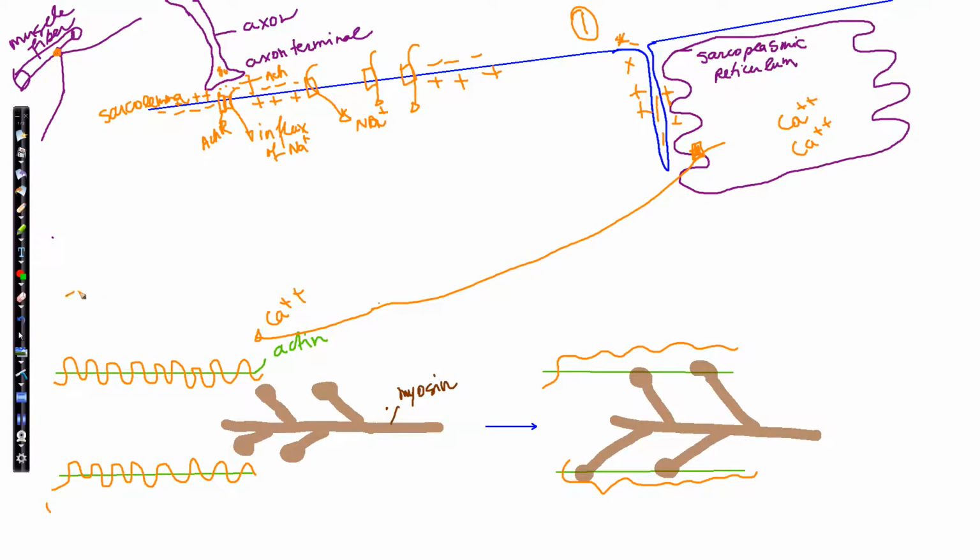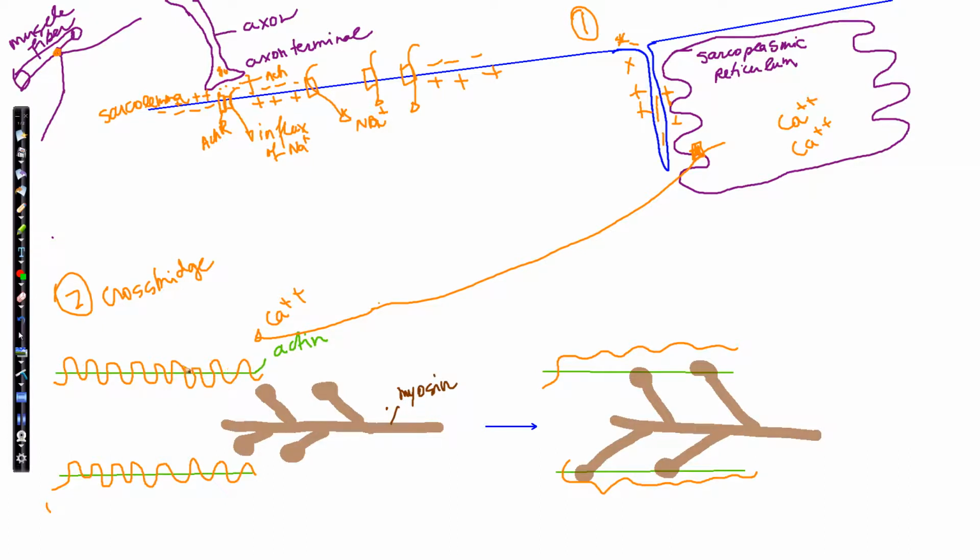Now we're going to talk about step 2. Step 2 is the cross bridge. Which are the components for the cross bridge? You have actin or thin filaments, which are the green ones here, and myosin or thick filaments, which are the brown ones. Okay?